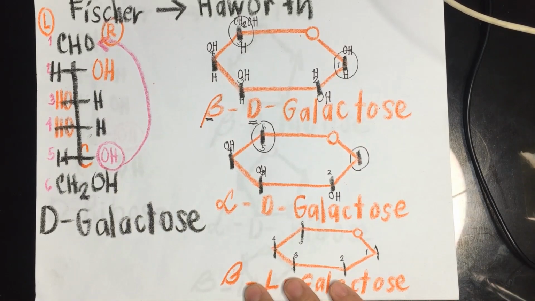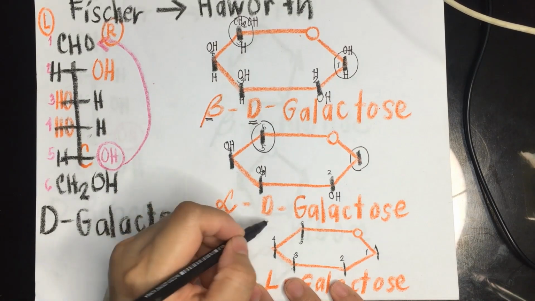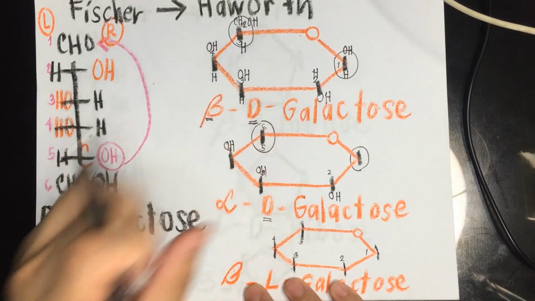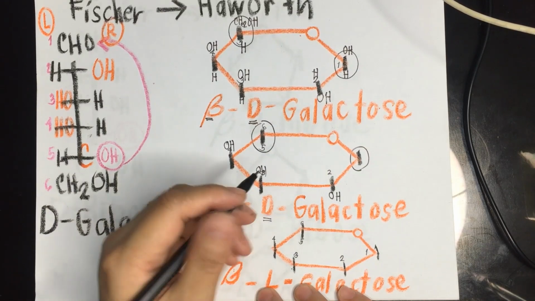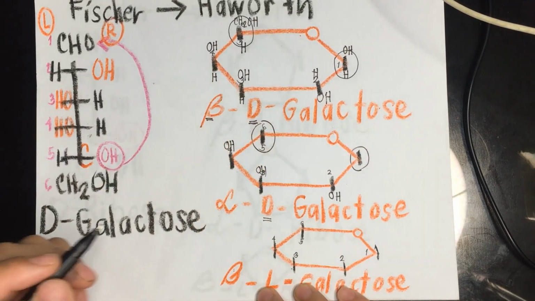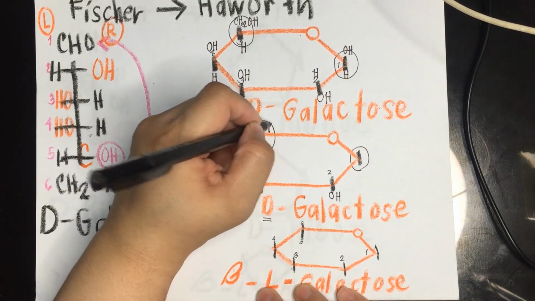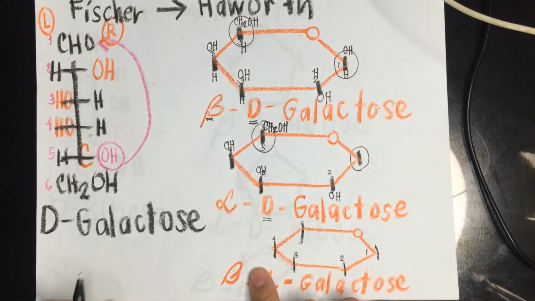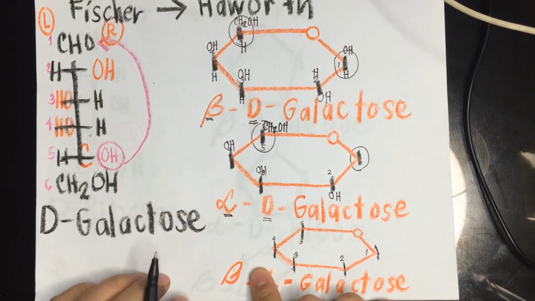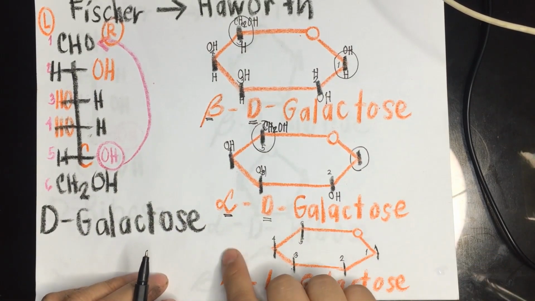Next, I am now going to proceed with the configuration. So, for D configuration, I'm going to look at the last carbon ring, the one with the highest chiral center. So, D configuration, it means to say that I'm going to put the CH2OH on top. Next, alpha, it means to say I'm going to put it below, lalim.